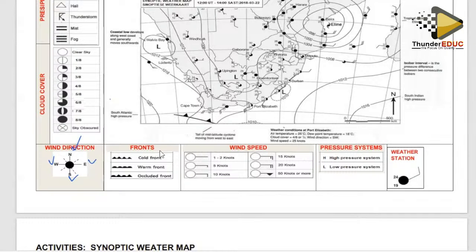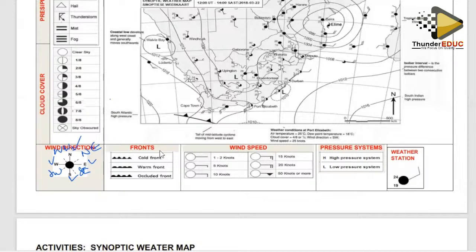Then in between there, we can also add the other 4 minor points of the compass: between north and east, we have northeast; between east and south, southeast; between west and south, southwest; and between north and west, northwest. So those are the points of the compass that we can use to refer to wind direction.